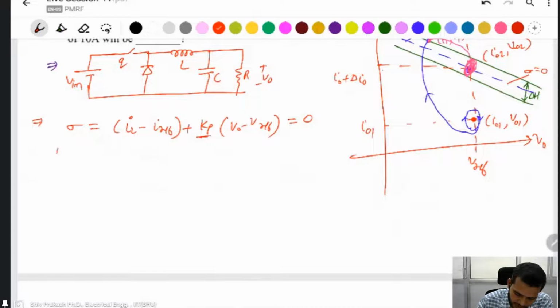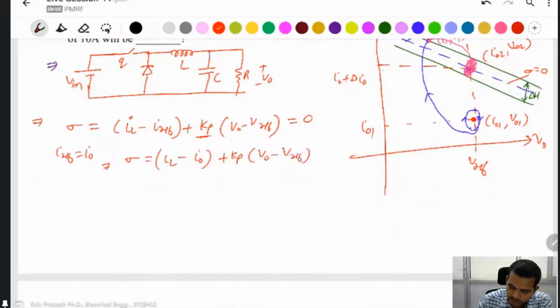Take I reference like I naught, the output current, and V reference the output voltage, then we find sigma is equal to IL minus I naught plus Kp times (V naught minus V). This one is the error voltage, V naught minus V.